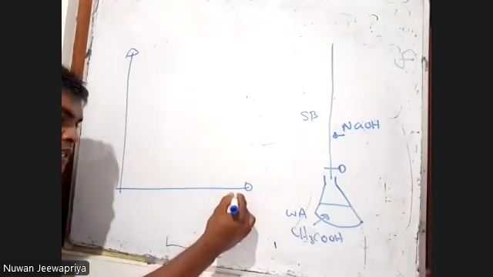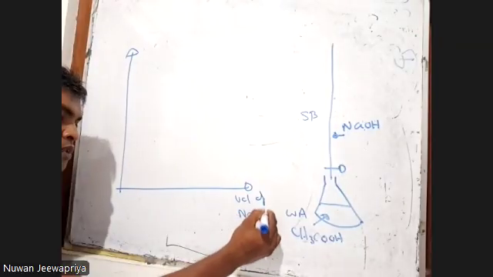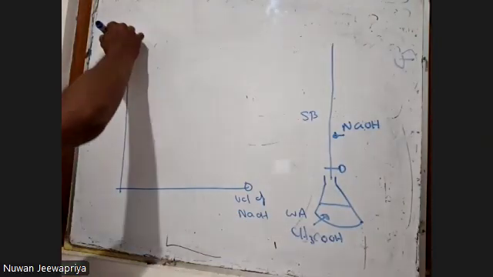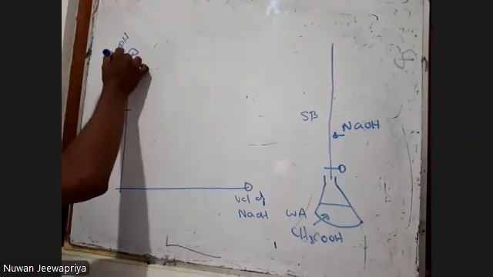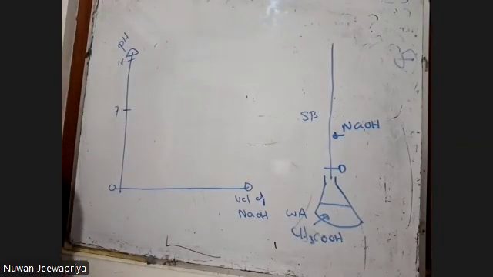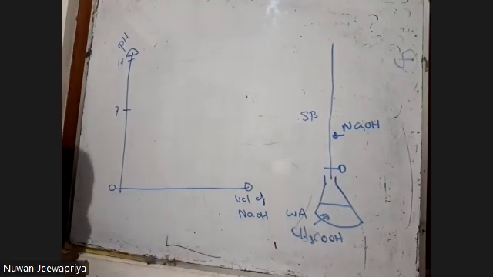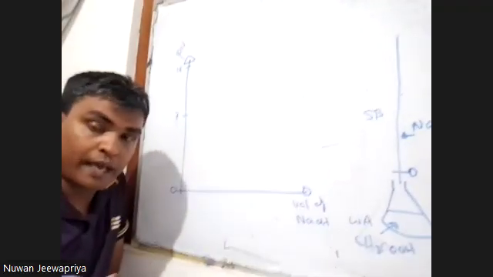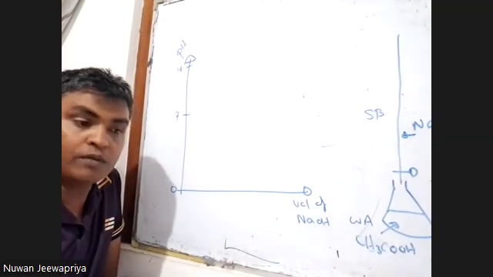On this axis we take the volume of sodium hydroxide, and on this axis the pH value, where here it is 7, here it is 14, and here it is 0. A weak acid has a pH value of somewhere around 3-4, not 0-1-2.